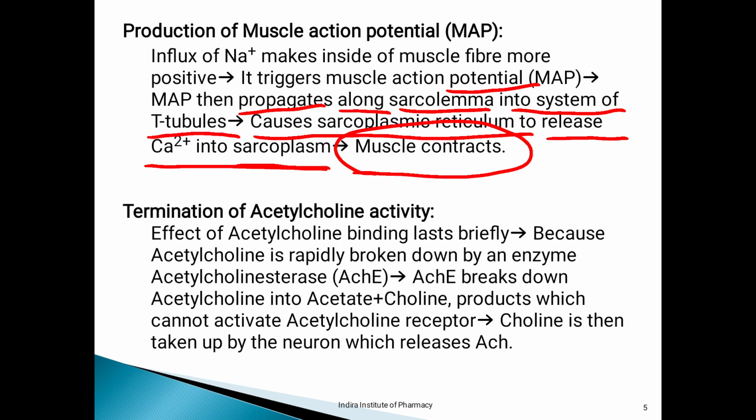And the last step is termination of acetylcholine activity. Once acetylcholine's work is done, acetylcholine is free. The effect of acetylcholine binding lasts briefly, for a short time. Once it binds, sodium will enter the muscle fiber and muscle contraction will start.